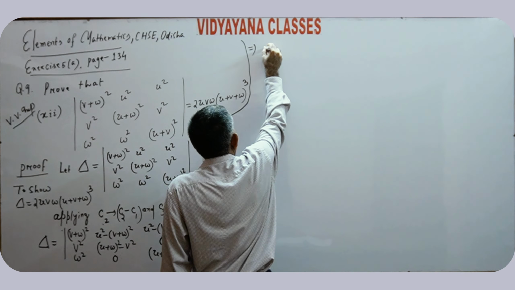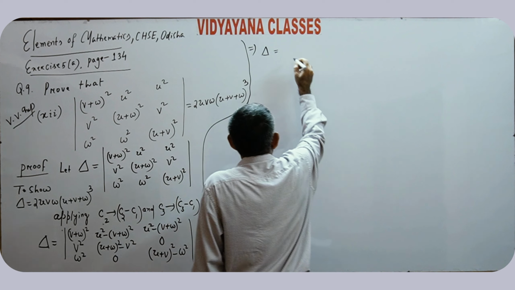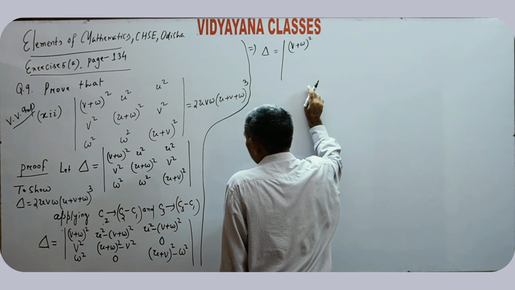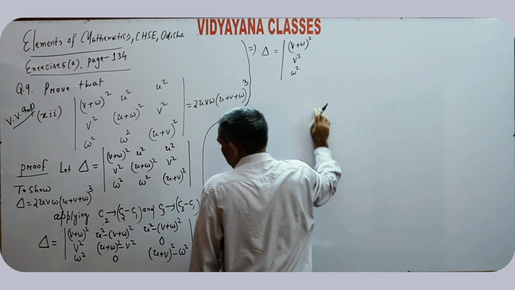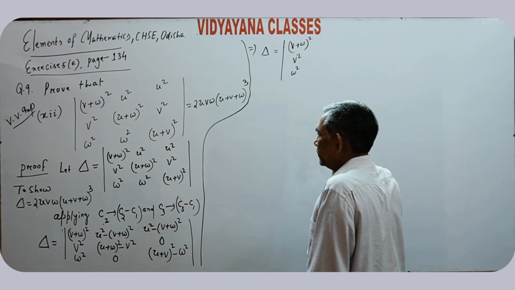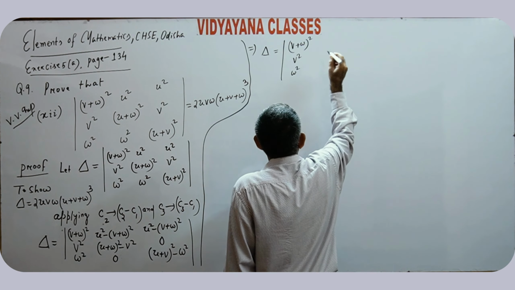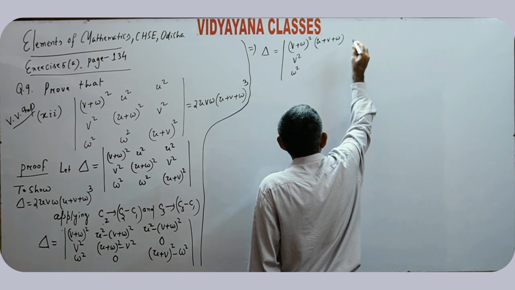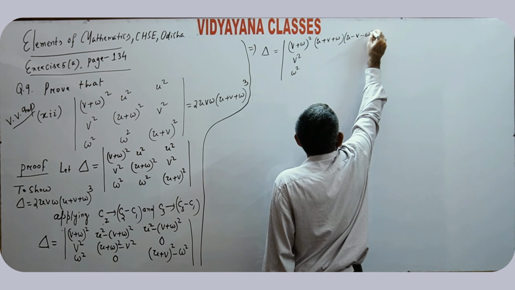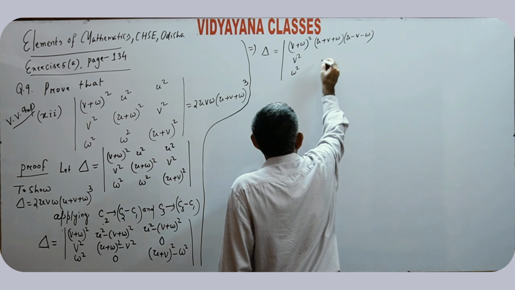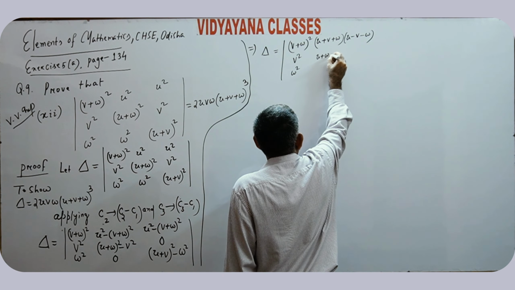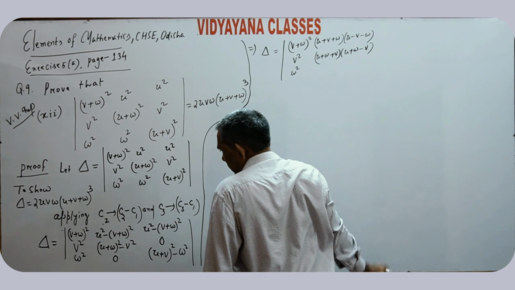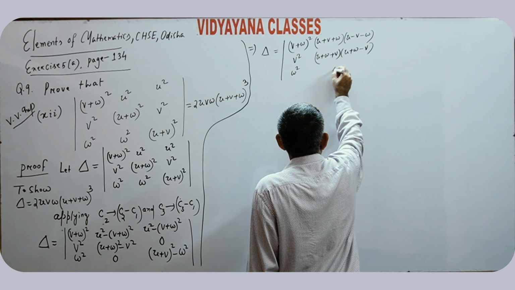This implies del is equal to the determinant having elements (v plus w) whole square, v square, w square. a square minus b square, that is (a plus b) into (a minus b). So u plus v plus w into u minus v minus w. u plus w plus v into u plus w minus v. a square minus b square, and it is 0.